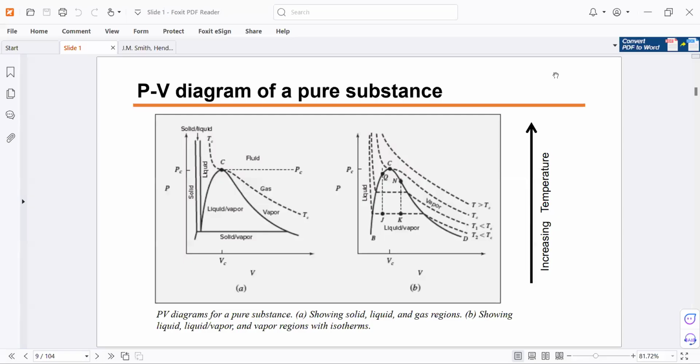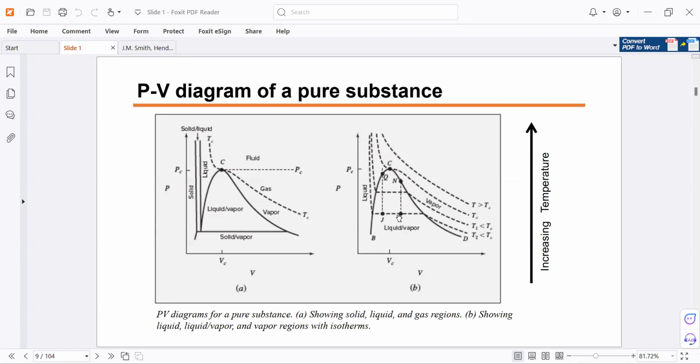So the question is, how come it becomes a straight line as it enters the saturation region, where liquid and vapor are in equilibrium? Again, this is an isotherm.